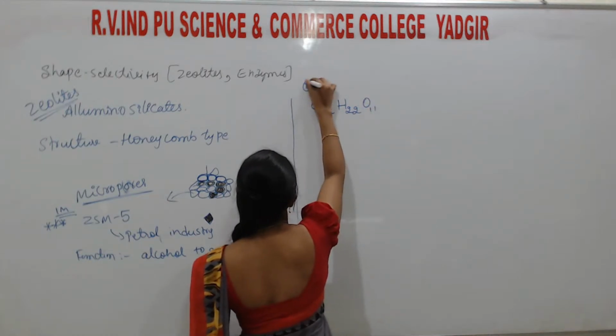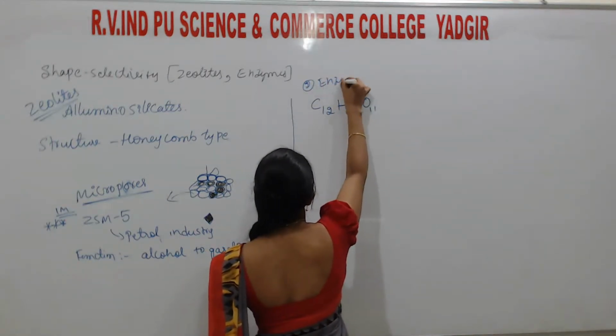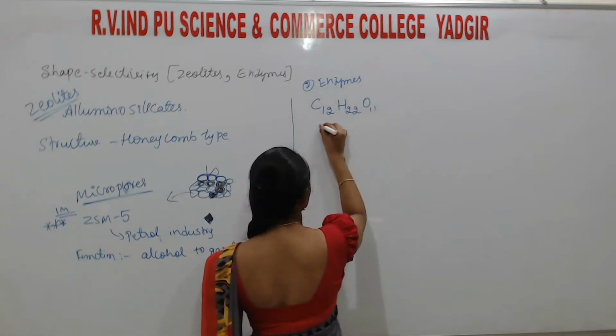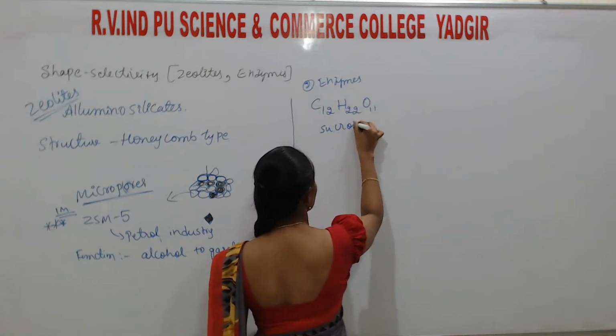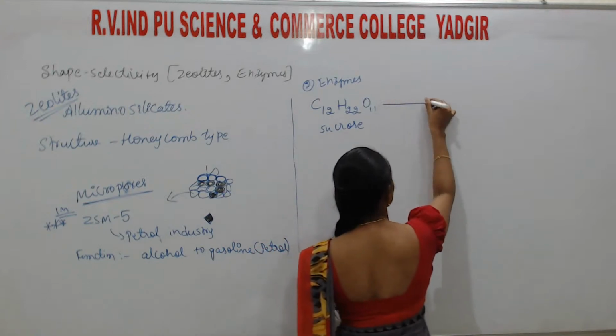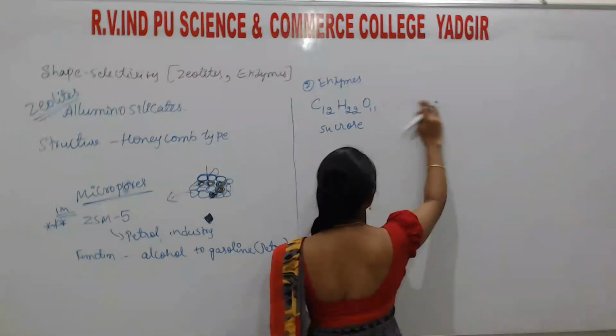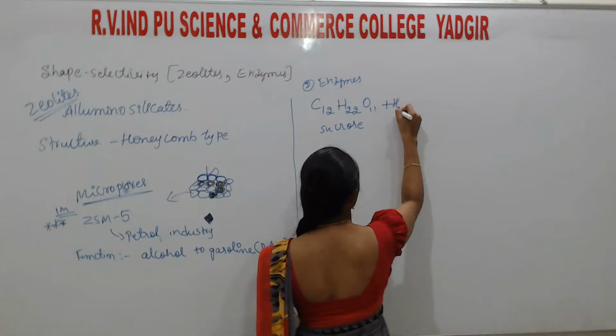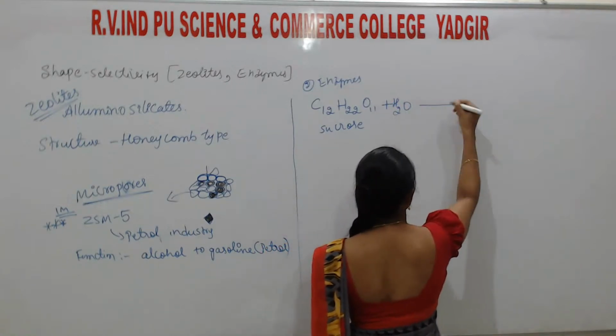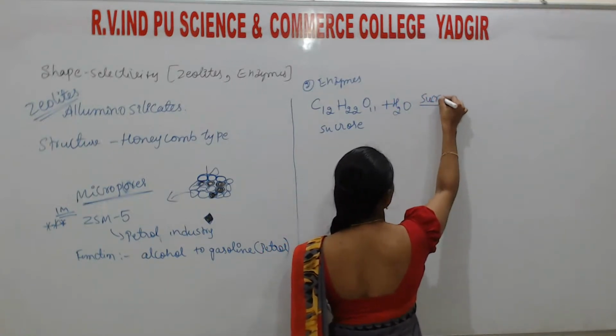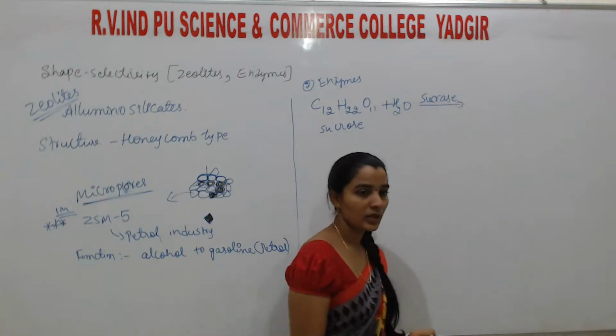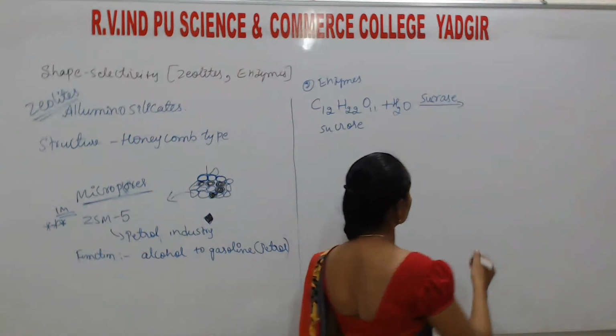An example for that is sucrose, C12H22O11. This is the second one, enzymes. This sucrose undergoes hydrolysis with water in the presence of the sucrase enzyme. Sucrase is the enzyme.